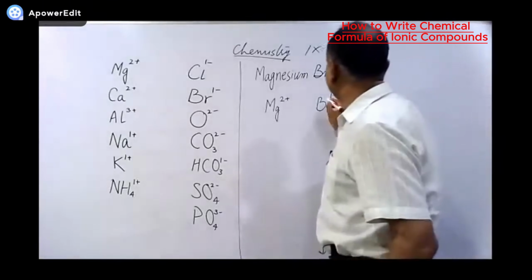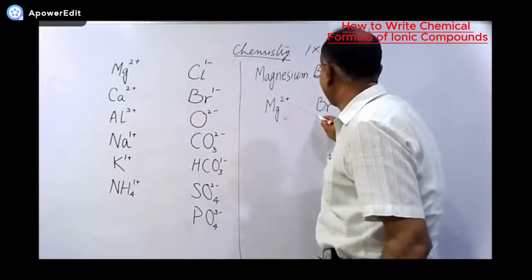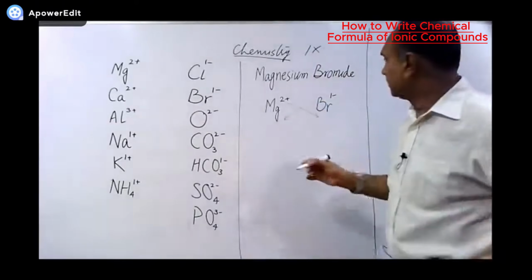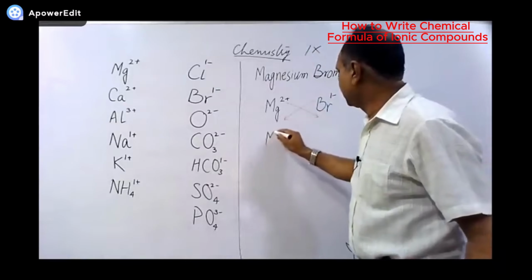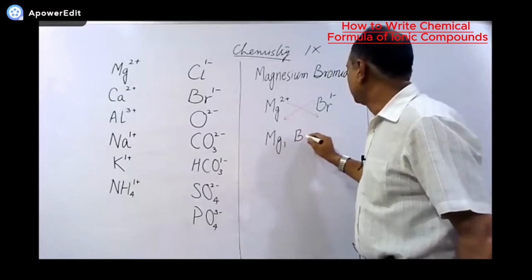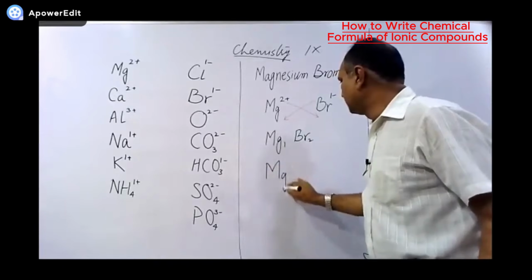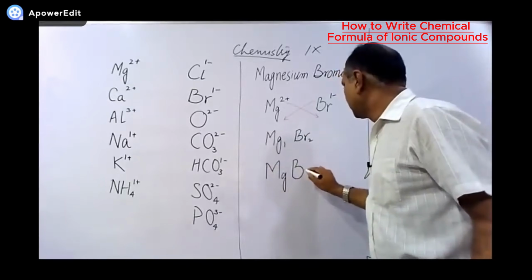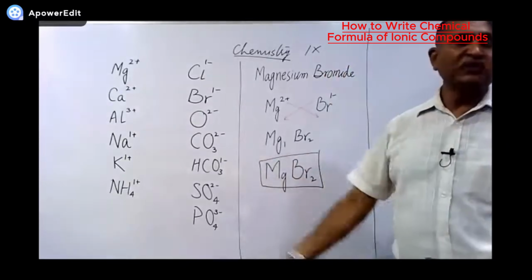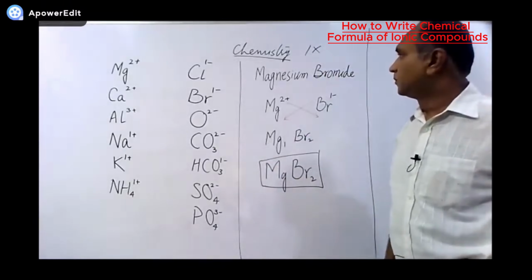You will interchange their numbers. 1 will come here, 2 will come here. Okay? So, I will write here magnesium 1, bromine 2. So, what will be the final formula? Avoiding 1, we write MgBr2. This has become the formula of magnesium bromide. Okay?